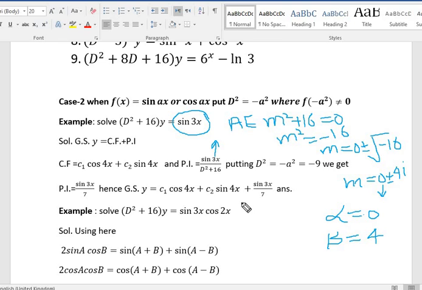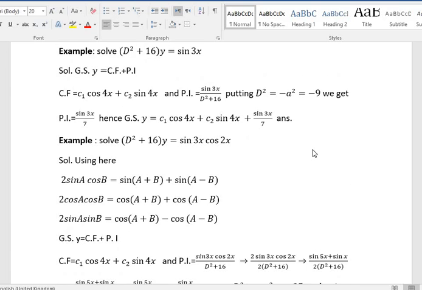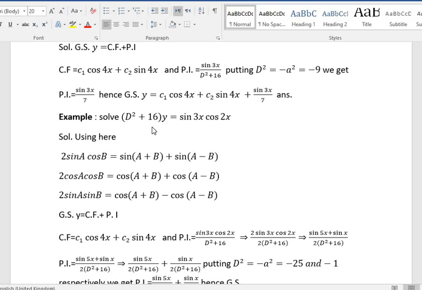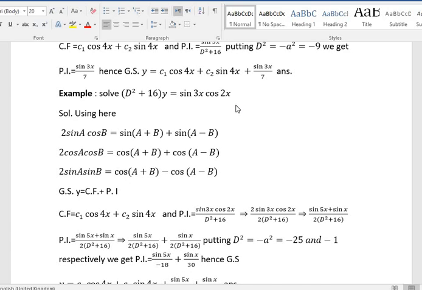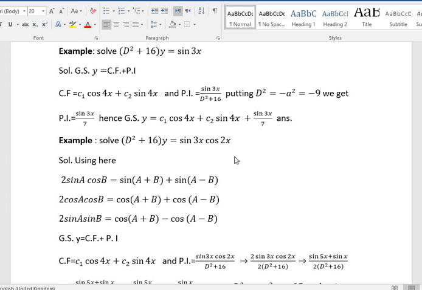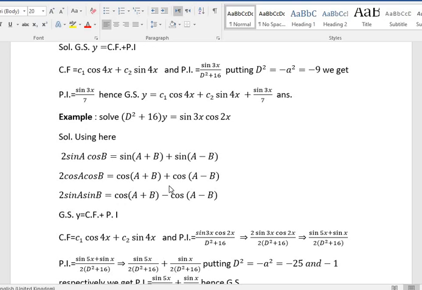Hopefully you understand. Another example: solve (D square plus 16) y equals sin 3x cosine 2x. Again, I am not telling you how to find the PI here, but we know a few rules, like 2 sin A cosine B equals sin(A plus B) plus sin(A minus B).